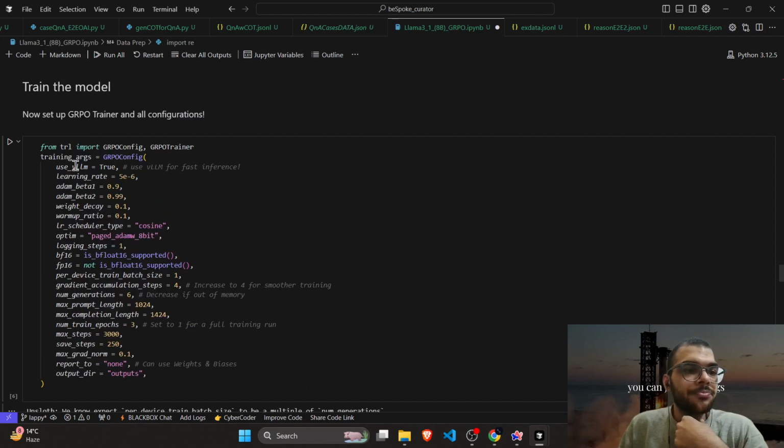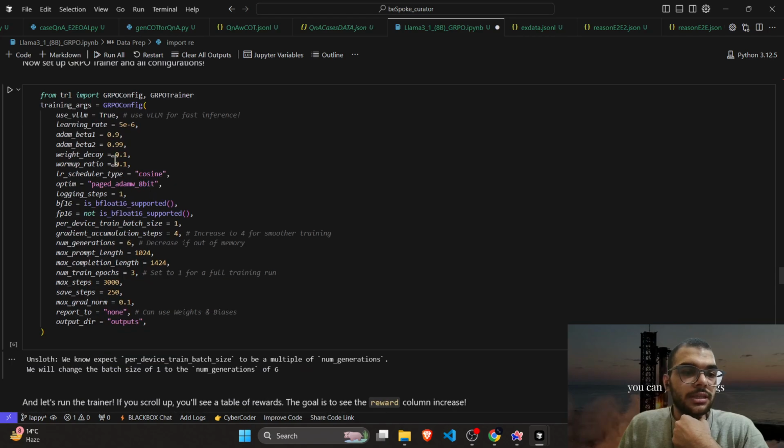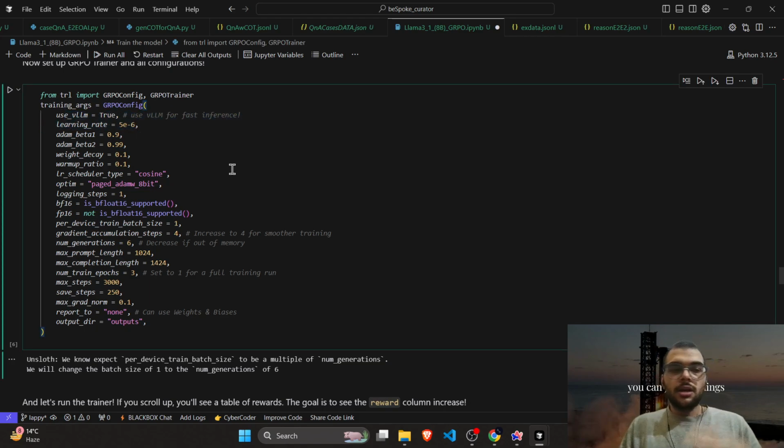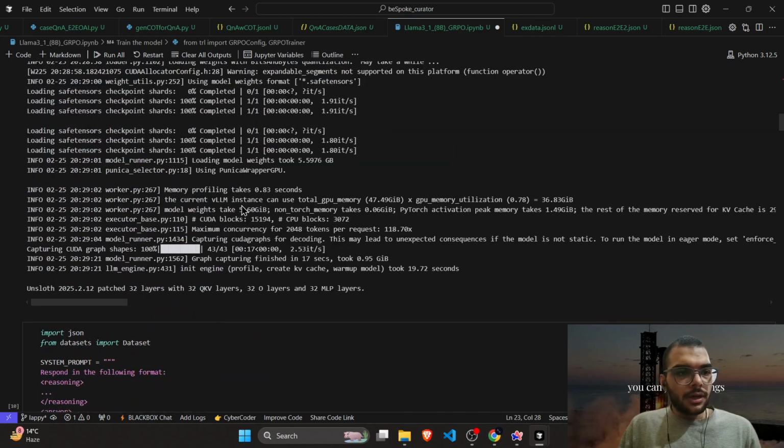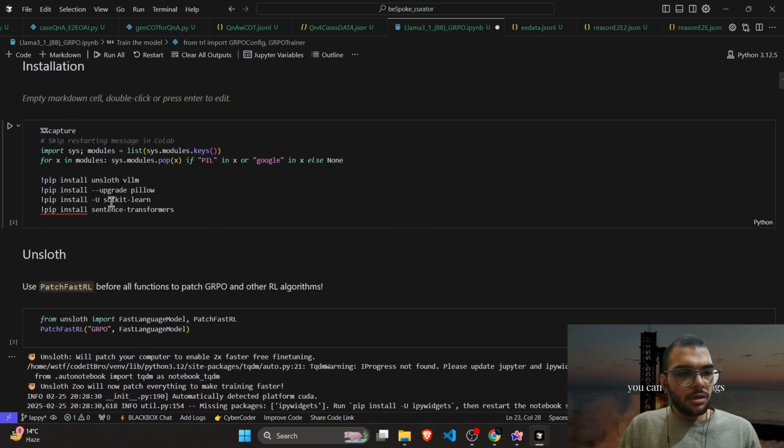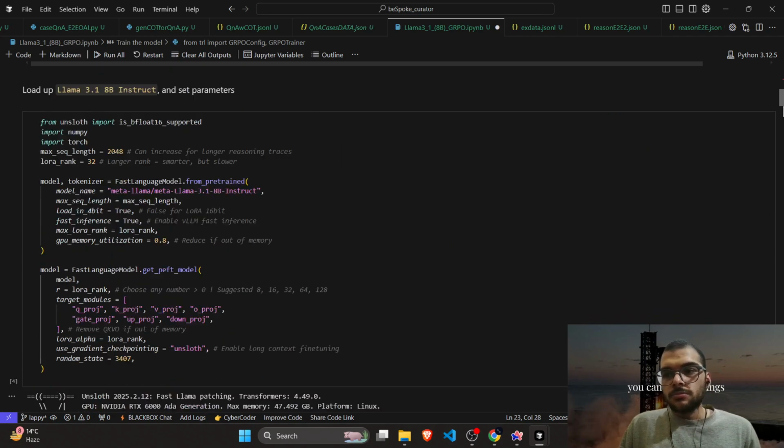So here is how you set the parameters to train the model. Use vLLM. If you're using Google Colab, this doesn't make sense. If you are running it locally, then just turn it on and it should work. You have to pip install unsloth vllm, because it's required.